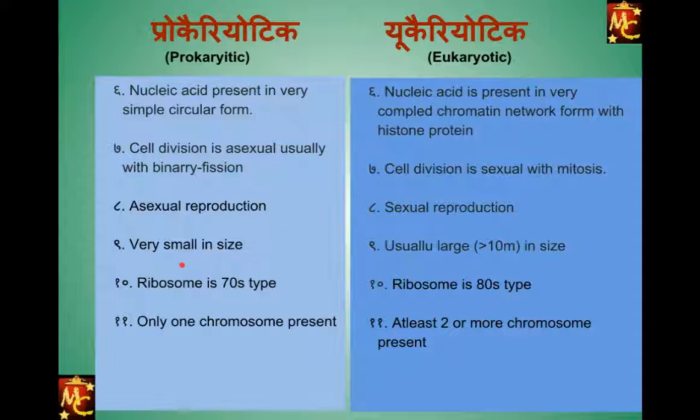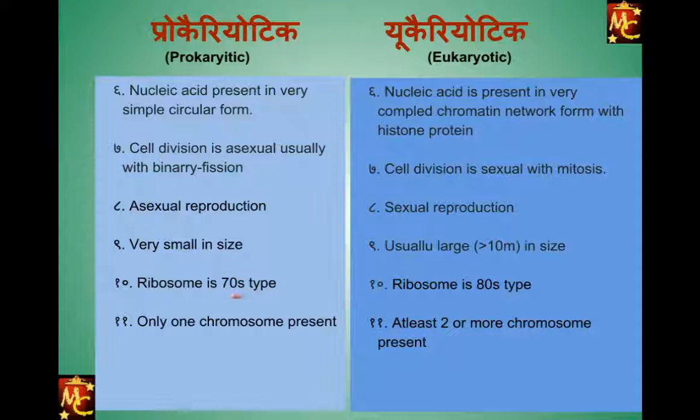Ribosomes in prokaryotes are 70S type. In our Hindi part, I explained what 70S and 80S are. I will also explain in the next few videos in the English section. So ribosome is 70S type. This is the classification.